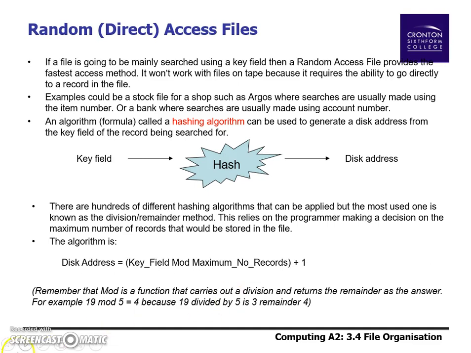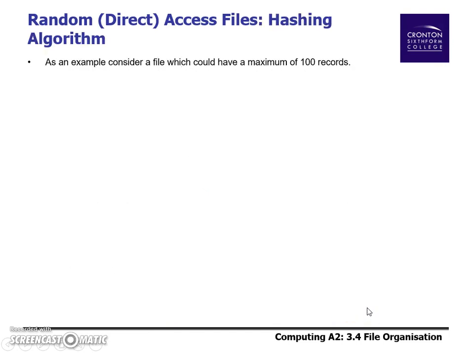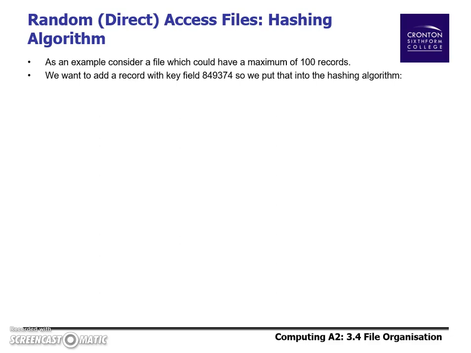Remember that the mod function carries out a division and then returns the remainder as the answer. For example, 19 mod 5 would be 4, because 19 divided by 5 is 3, remainder 4. As an example, let's consider a file in which we could have a maximum of 100 records.